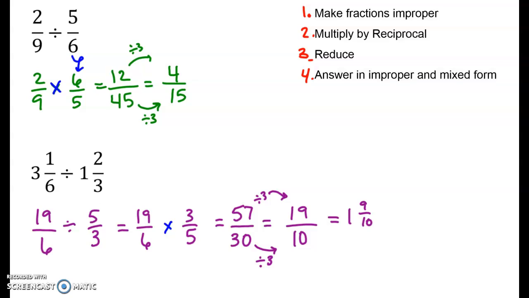Okay, I am going to give you 2 more questions to practice on your whiteboards. Let us try 4 2/3 divided by 1/2, as well as 2 and 3/5 divided by 3 and 1/2.